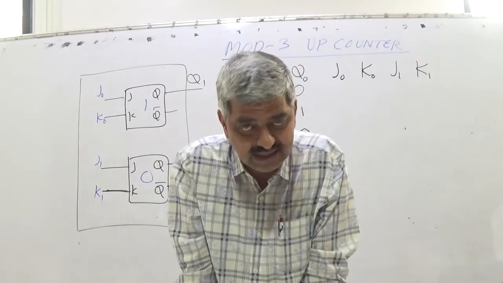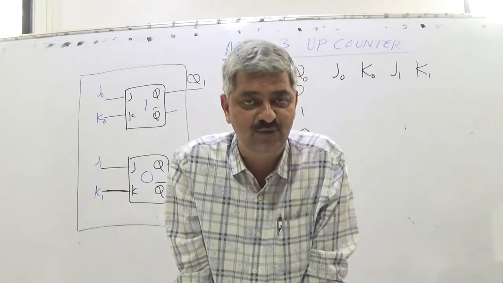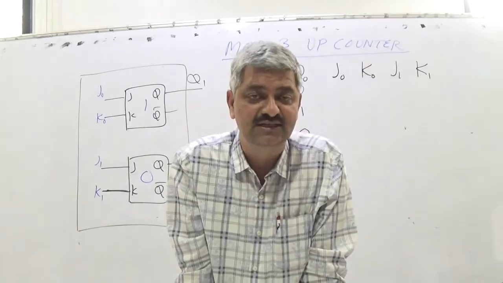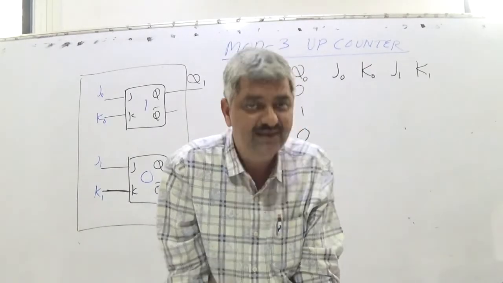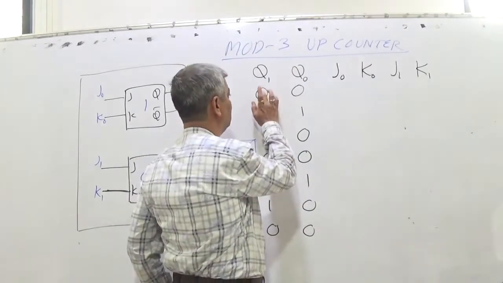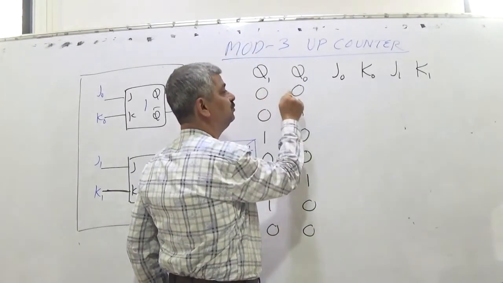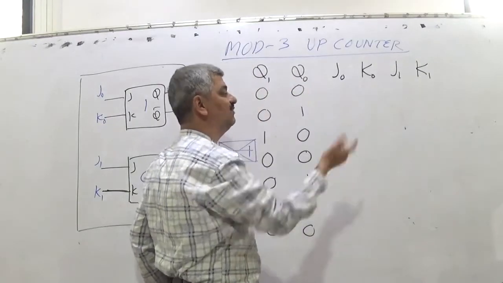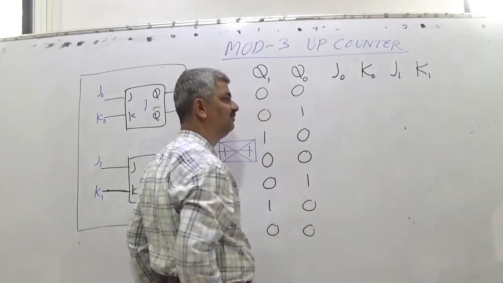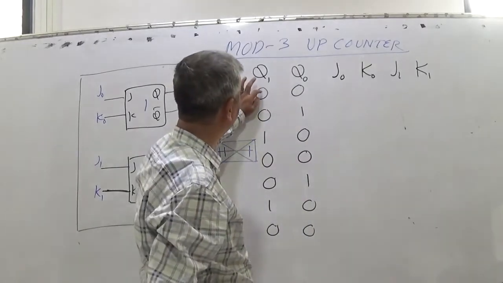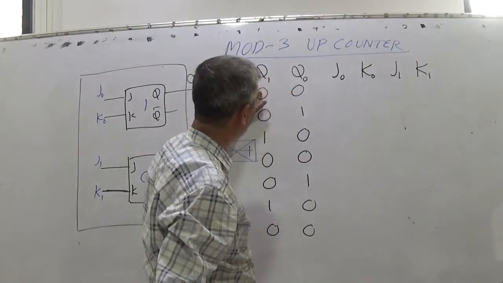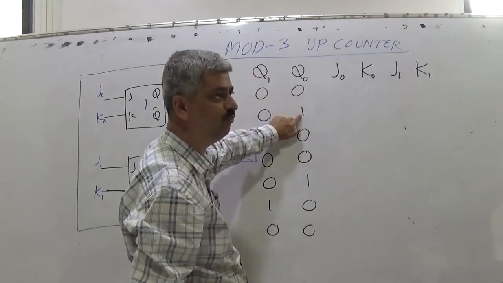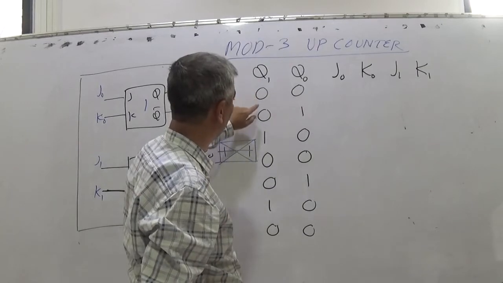Based on this, I should decide J0, K0, J1, K1 such that the design is so perfect that current outputs define inputs such that when the clock is given, the next output comes. So when Q1, Q0 are 0, 0, you want next Q0 to be 1, and you want next Q1 to be 0.